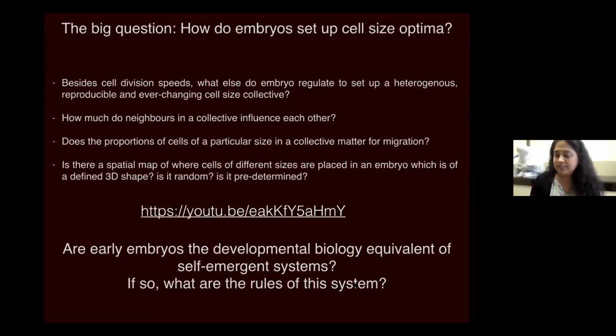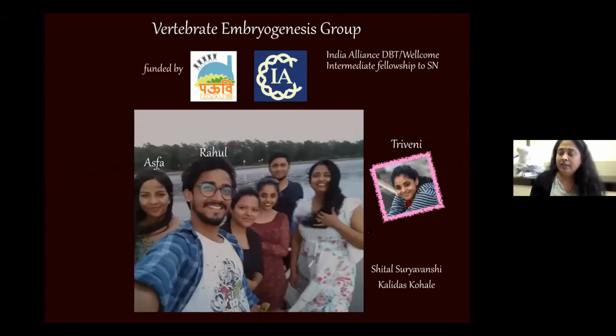The work that I discussed, I'm going to end my talk here now, because after this I'm going to just be speculating and it would be good to discuss this. The work I just showed is done completely by Triveni. Towards the end, for some gene expression quantitative PCRs, Rahul helped her with it, and Asfa helped with the cell volume quantifications and cell size, cell migration parameter assessments.